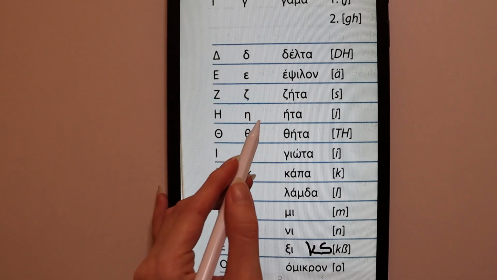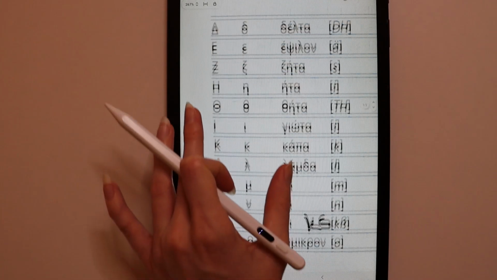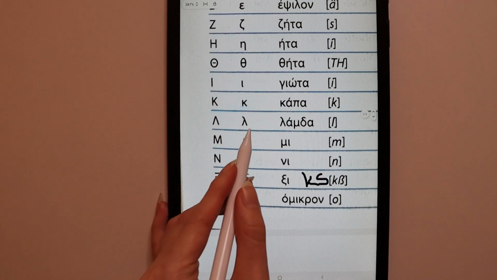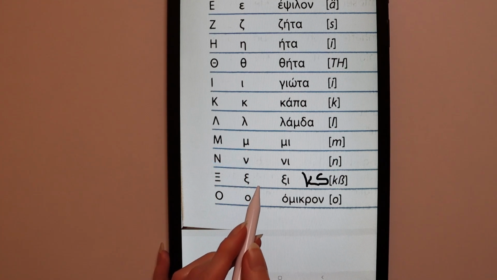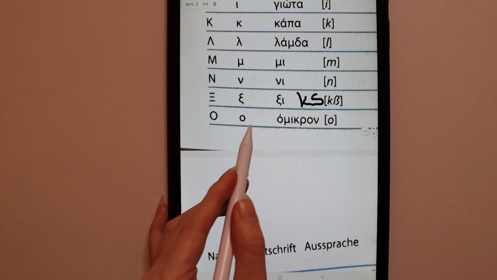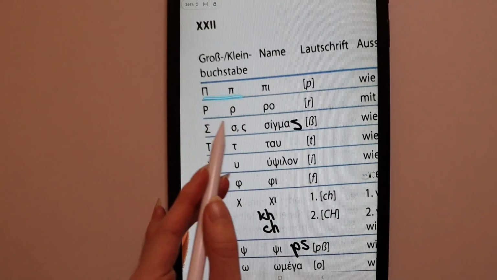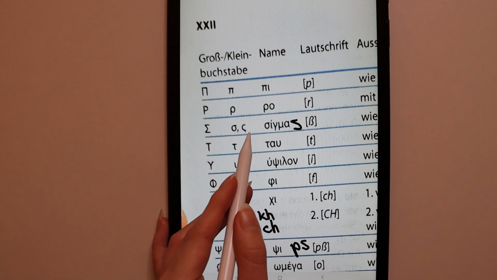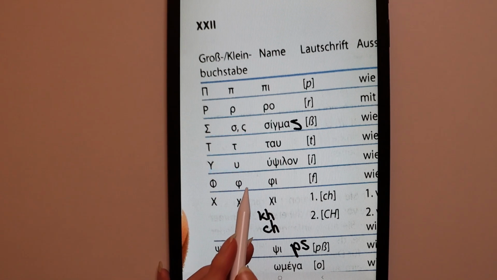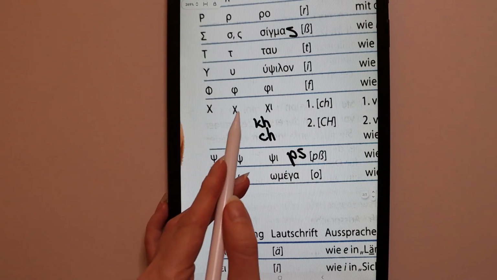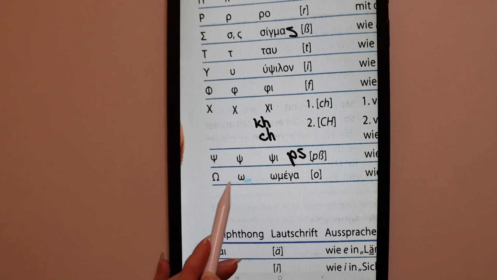Zeta, eta, theta, iota, kappa, lambda, mi, ni, xi, omicron, pi, rho, sigma, tav, ypsilon, phi, chi, psi, and omega.